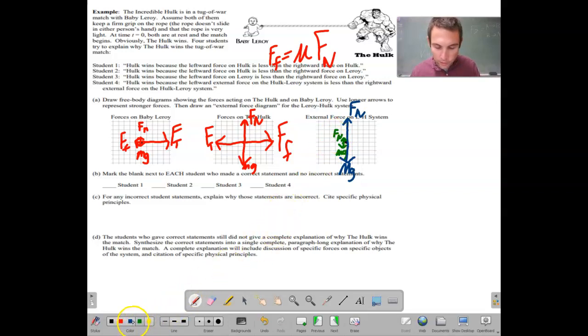And then we're going to have force of tension on the whole thing, and force of friction on the whole thing. Is the system moving? Is the middle of this system moving? We know the middle of the system is going to be closer to Hulk, right? So most of the system isn't going to move, but some of it will, and it's going to move to the right.